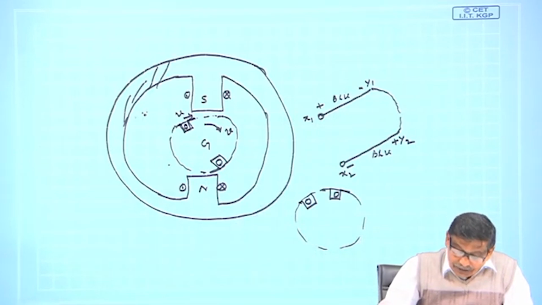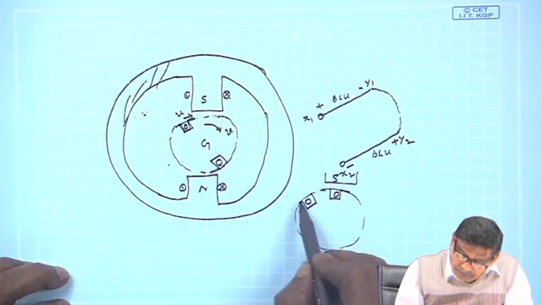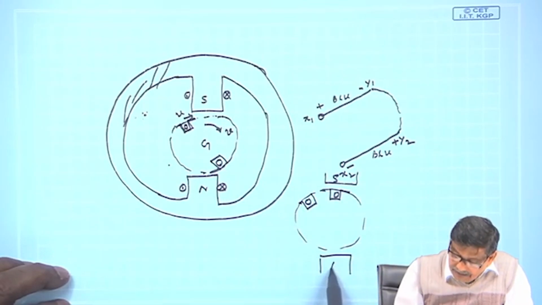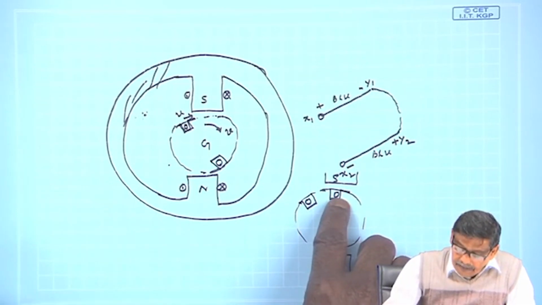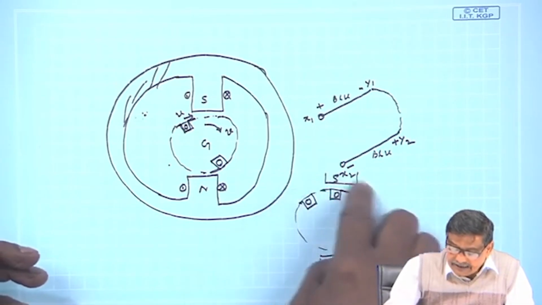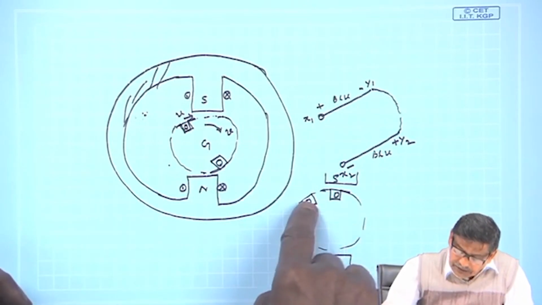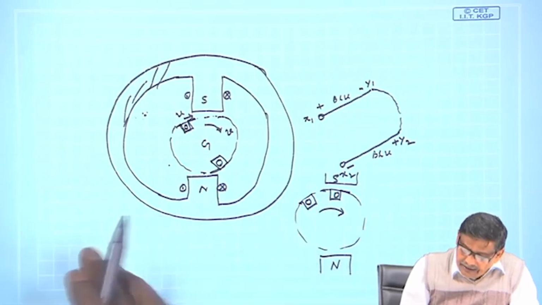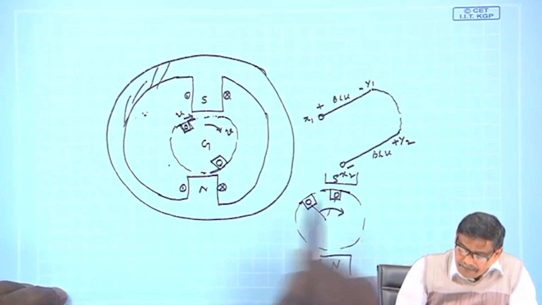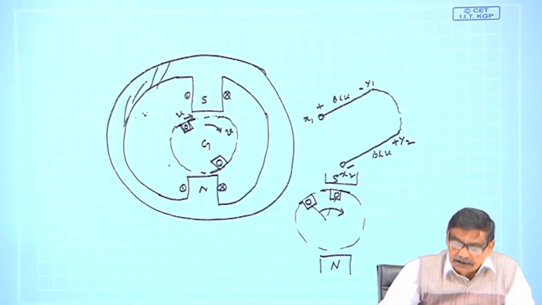maximum voltage, because if this is say south pole and this is north pole, then the voltage pattern of this coil will be the B pattern existing here that we have explained last time, and identical voltage will be created in the second conductor if the direction of rotation is like this, but only after this much angle, and the difference of these two waveforms will give you the resultant voltage.